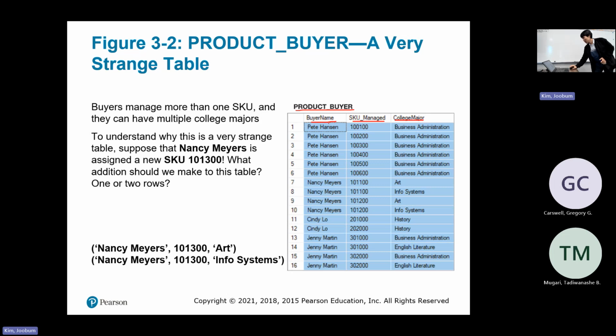So there are three columns: buyer name, SKU manager, and college major. From this table, we may guess that this buyer manages more than one SKU. For example, Pete has SKUs 100, 100, 100, 200, 300, so he manages multiple SKUs.